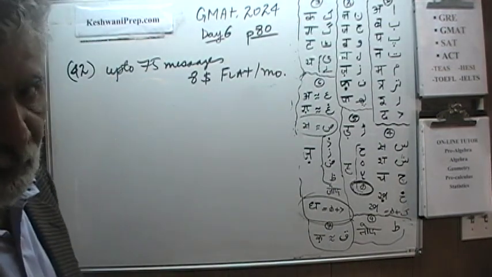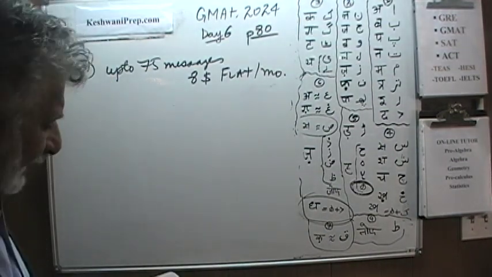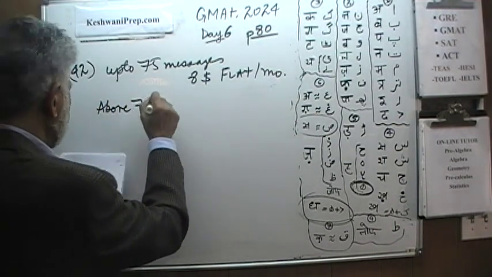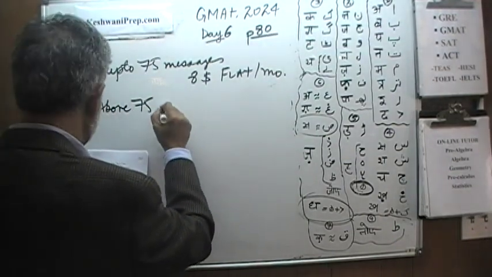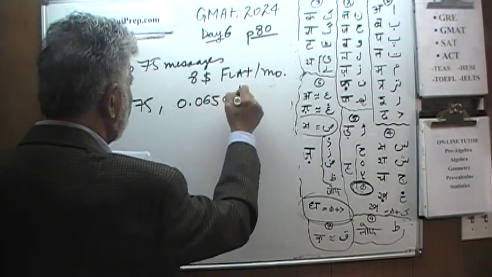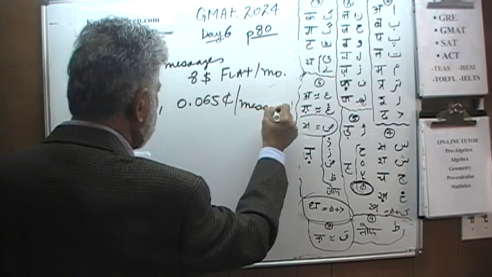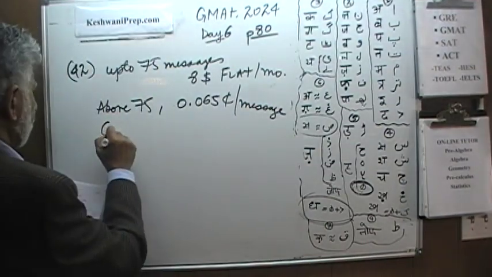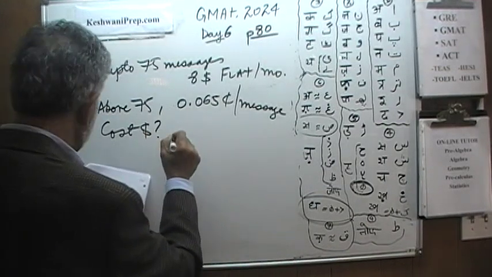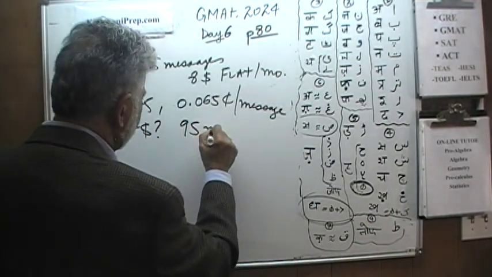We can send up to 75 text messages for $8 flat. Above 75, we have to pay 0.065 cents per message. And the question is, how much are we going to pay for 95 messages?